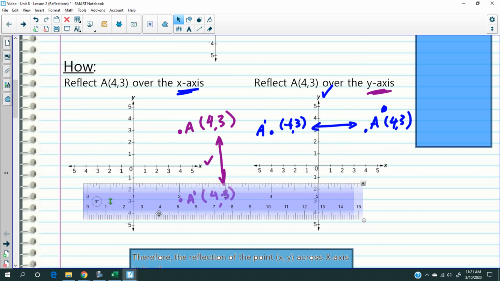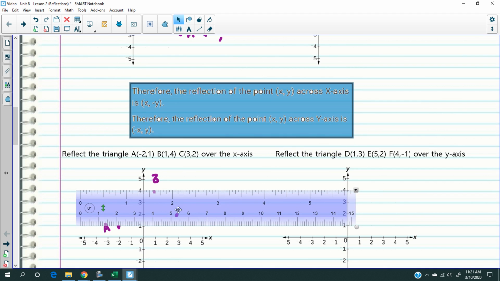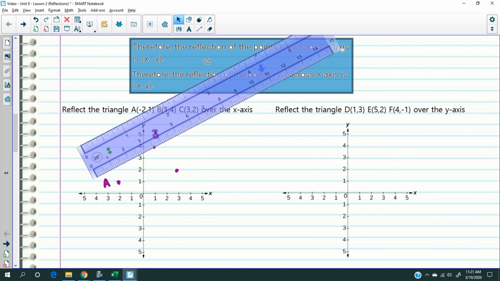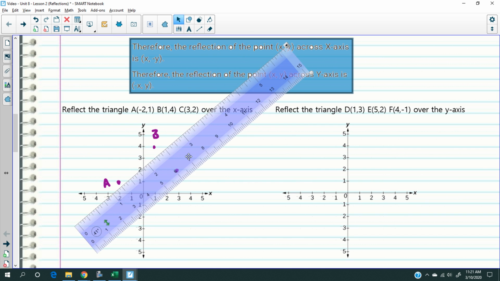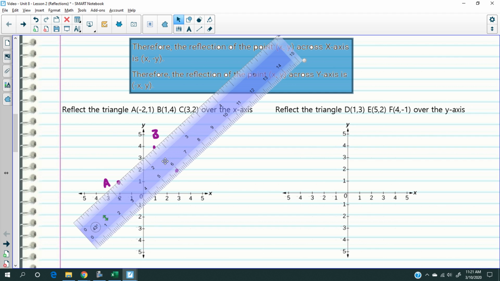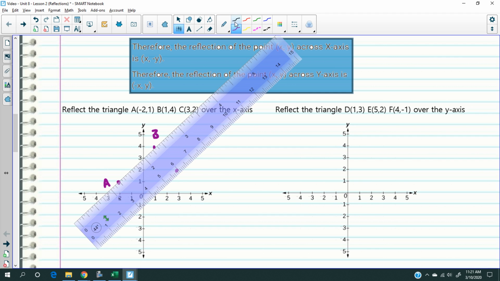I'm going to connect the points. Maybe I should use a different color so you guys can see the points.